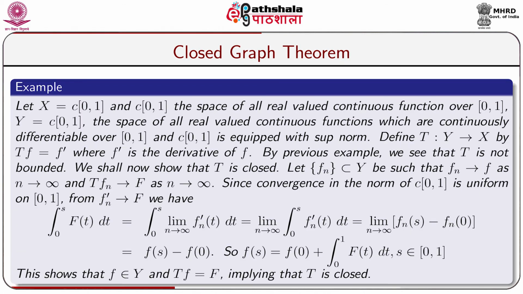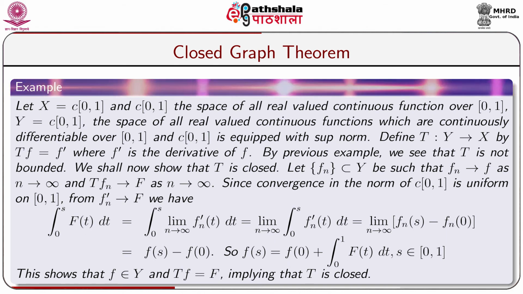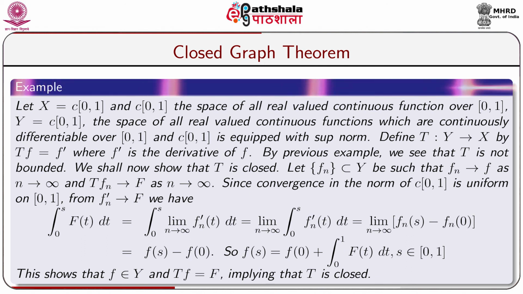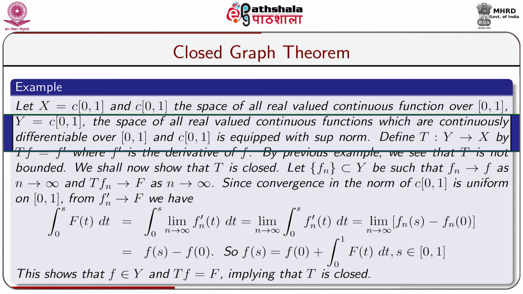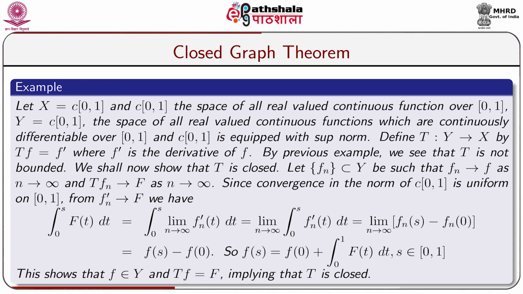Let X be equal to C[0,1], the space of all real valued continuous functions over the closed interval [0,1], and Y equal to C'[0,1], the space of all real valued continuous functions which are continuously differentiable over [0,1], and both are equipped with the sup norm.